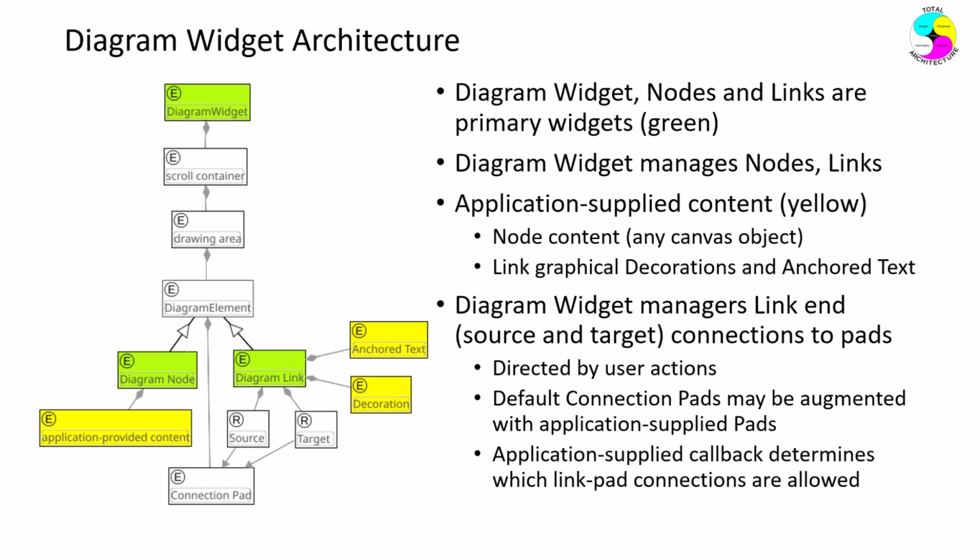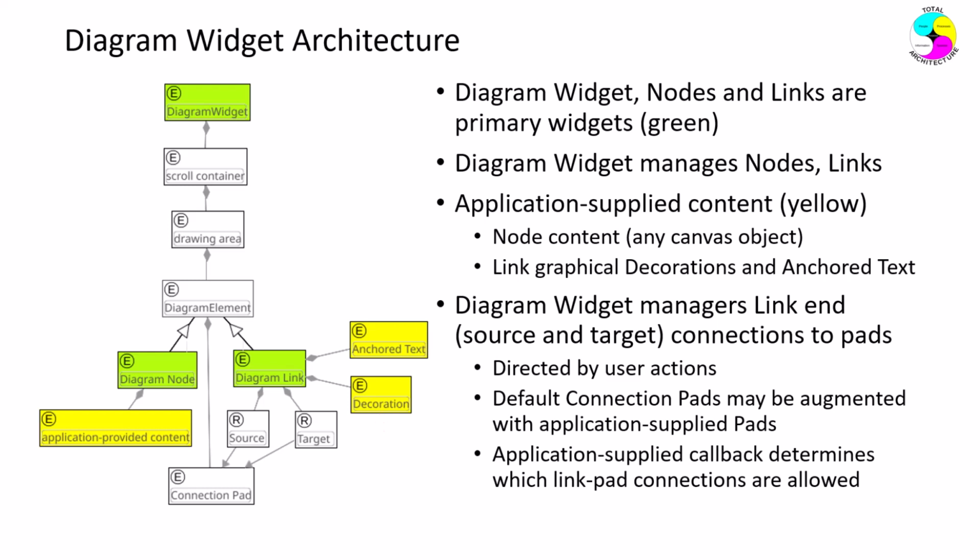Now a diagram node can contain any canvas object, from a simple piece of text to a full-blown hierarchy of widgets. Diagram links can be adorned with graphical decorations, anchored texts, elements in there that can be little floating labels along the link, and decorations that provide a way to have arrows and other kinds of adornments on the links.